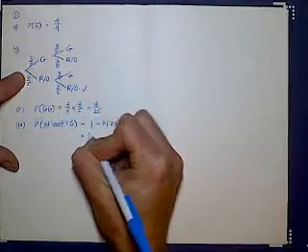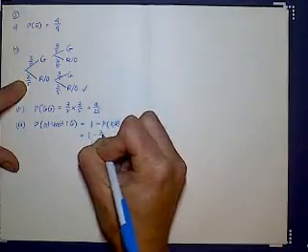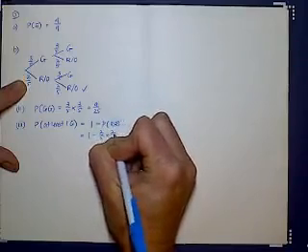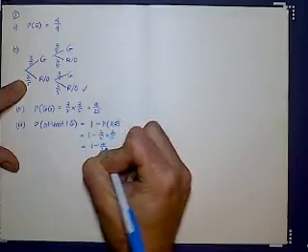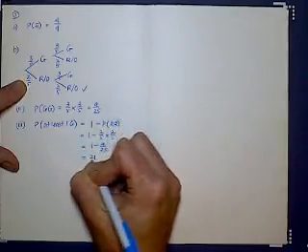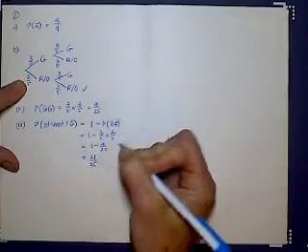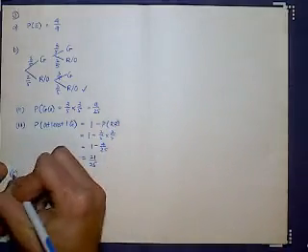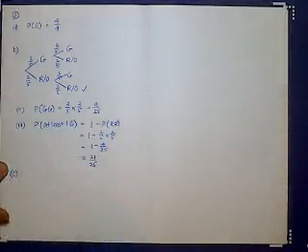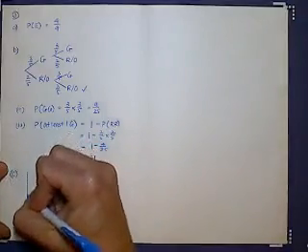So that will be 1 minus 2/5 times 2/5, which is 1 minus 4/25, which is 21 out of 25. Nice and simple.